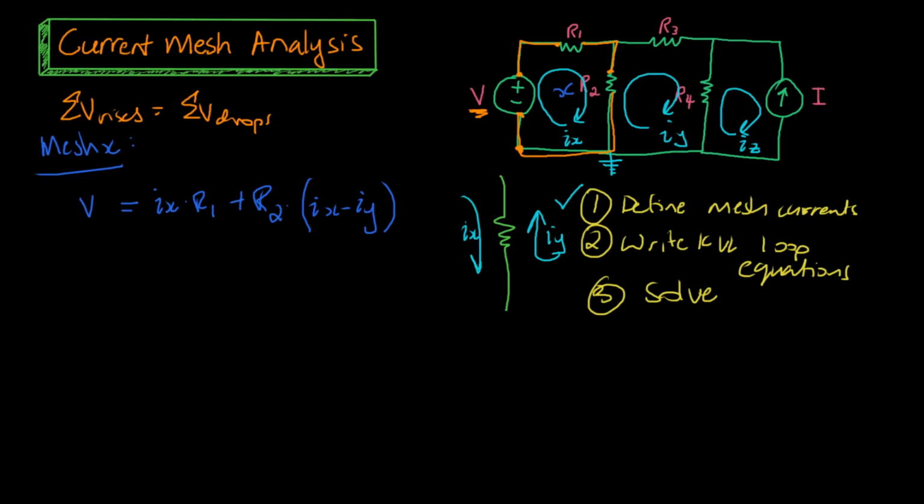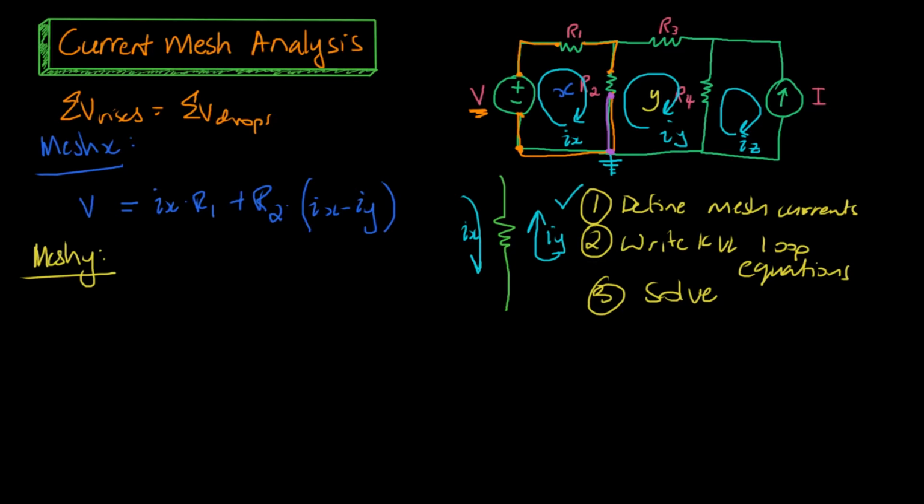Our next step is to go into mesh Y, which is this mesh here with current IY. Mesh Y. Again, we start at our reference node and work around along the path of the current, and we first reach R2.